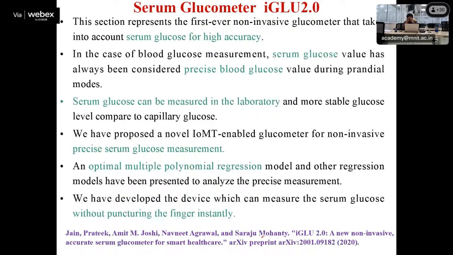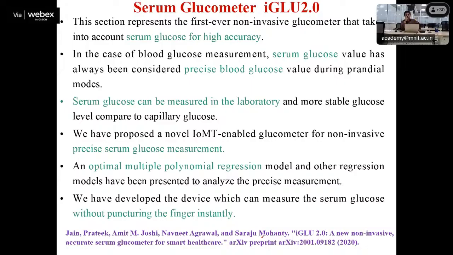Now, there is a concept of capillary glucose, and there is a concept of serum glucose. What is capillary glucose? Capillary glucose is a glucose value measured from your whole blood sample.